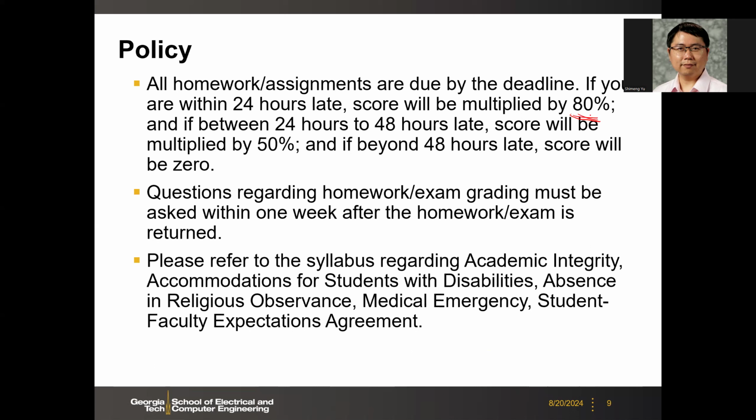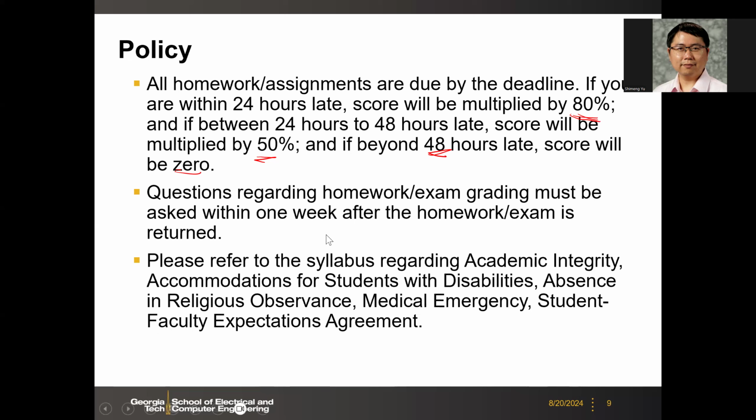So if your score is 90, you will have an additional penalty: 90 times 0.8, and you will get 72. If it's between 24 and 48 hours late, the factor will be 50%. Beyond 2 days, 48 hours, we don't accept it, and you will get 0 for that homework.